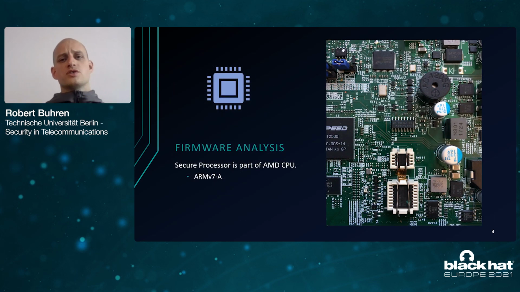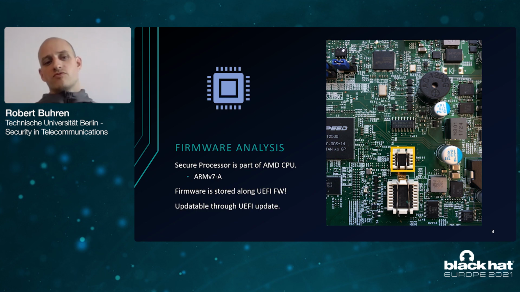Now, the secure processor has its own operating system, so a firmware essentially. And as it's an ARM core embedded within the x86 SoC, it's interesting to see where this firmware actually comes from. And actually, the firmware for the secure processor is part of the usual UEFI image. So if you dump the content of a flash chip from a motherboard, or if you download a UEFI update for your system, one of the things that you find inside that UEFI image is the firmware for the secure processor.